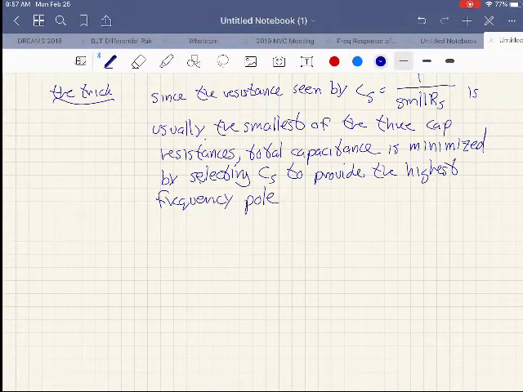So you want to select that one so it's closest to the passband frequency.